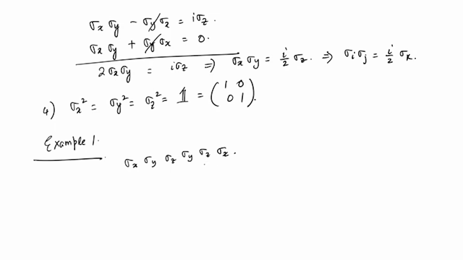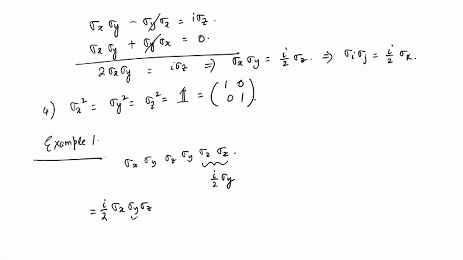Here what you can do is that you have sigma z sigma x, which is equal to i/2 sigma y. And then you have a sigma y here. So this sigma y and this sigma y will give you 1, because sigma y squared is equal to 1. So till now we got sigma y sigma z, and then we have an i/2 coming in, and the rest will be equal to 1.